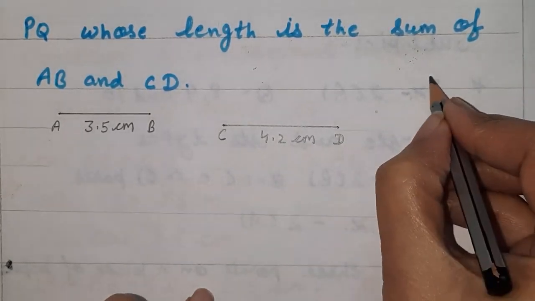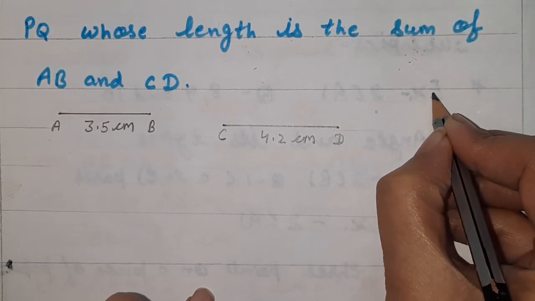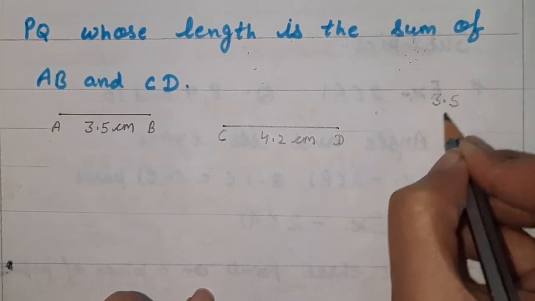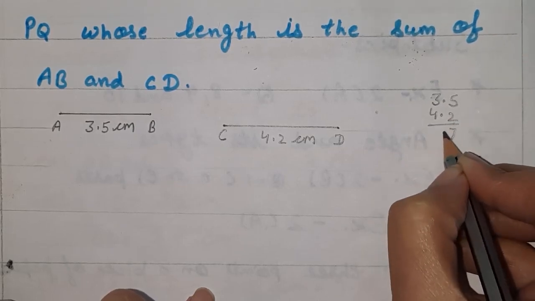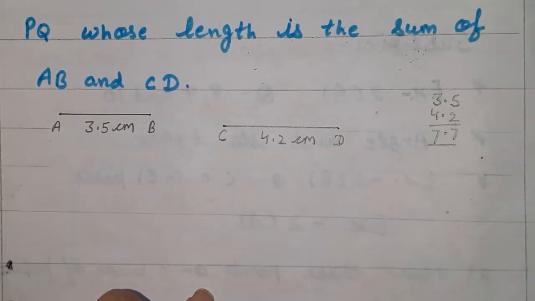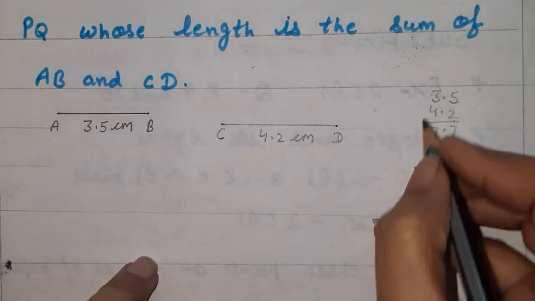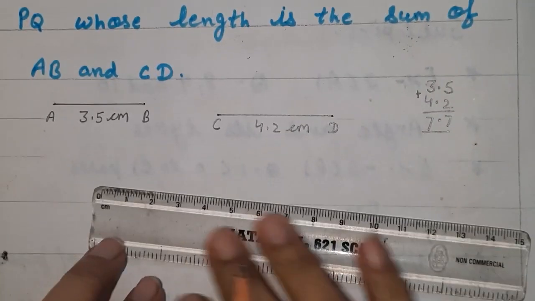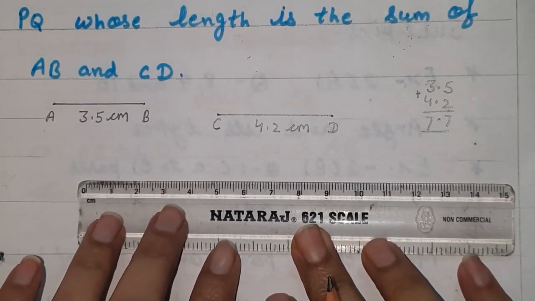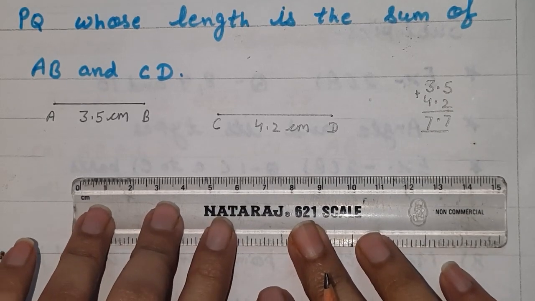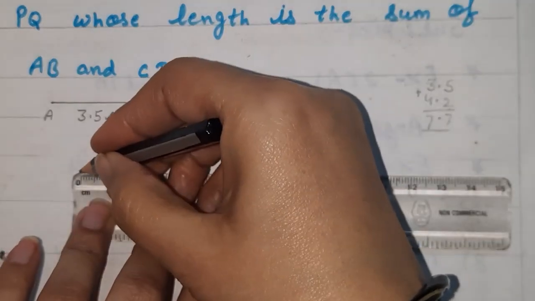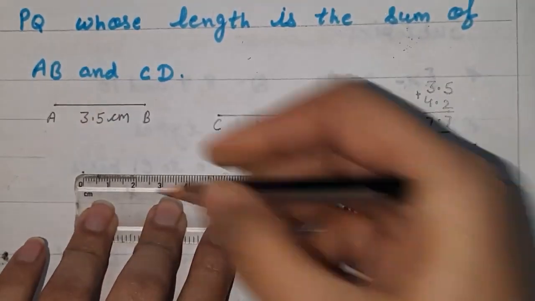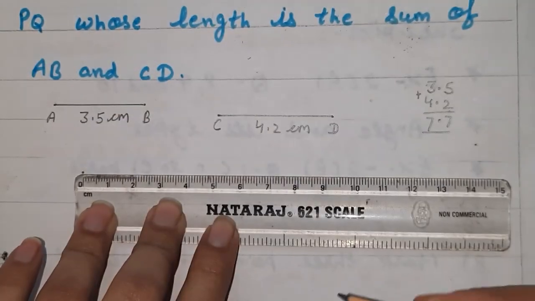Now 3.5 plus 4.2. 5 plus 2, 7. 4 plus 3, 7. So what is the length of PQ? 7.7. Point O, this P point.